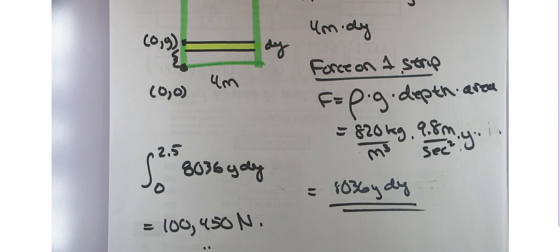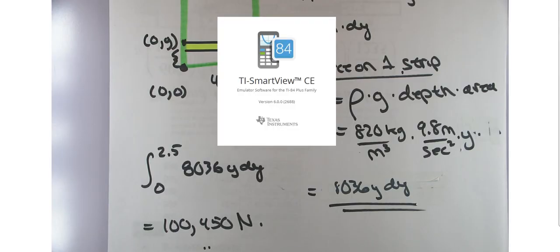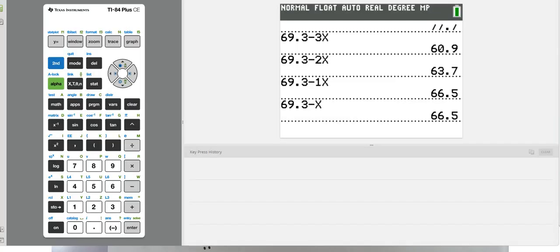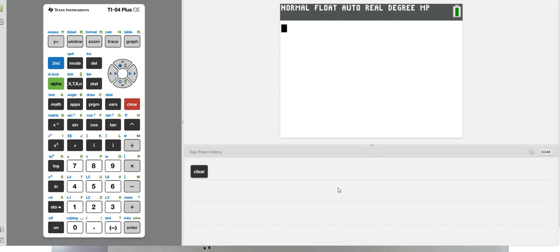let me show you a little trick that you can use in your calculator. It's kind of a nice convenient one. You can find it underneath the apps menu. So let me clear out a couple things here. So let's go to the apps menu, and you can follow along with my keystrokes here at the bottom.